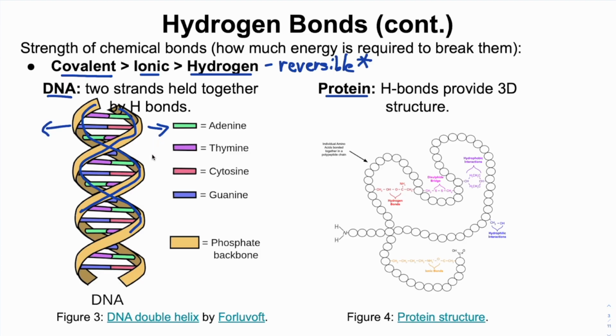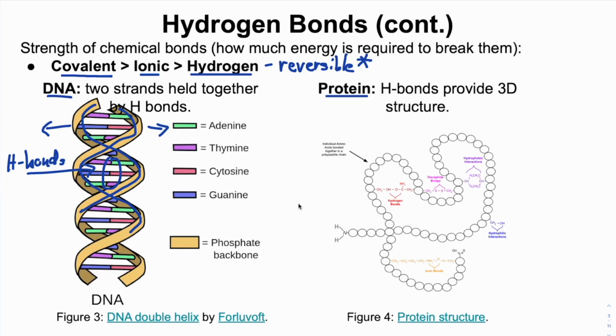The strands can come apart because they are held together by H-bonds, which are reversible. DNA molecules come apart, get replicated, come apart again, and get replicated again, and on it goes for generations, ensuring the accurate passage of information, all because of reversible H-bonds.